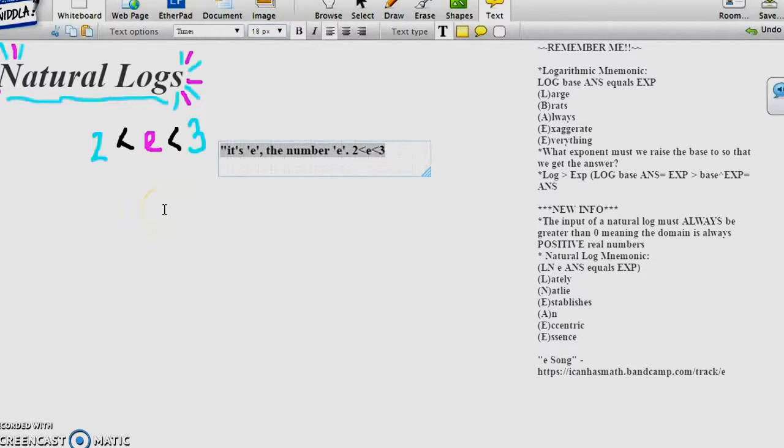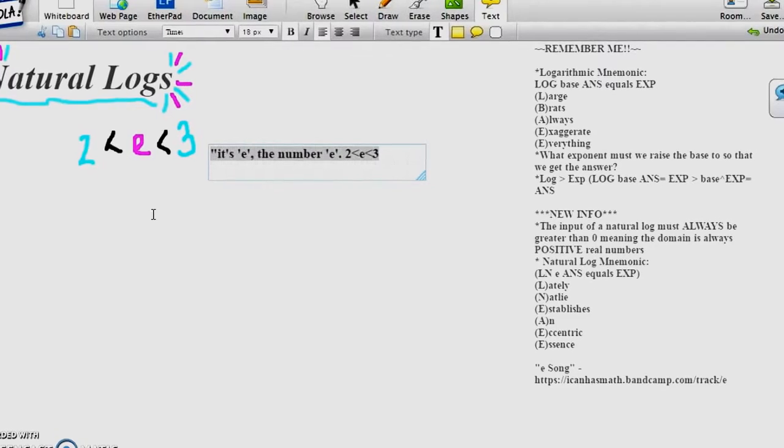Since most natural logs do require a calculator due to the fact that e is irrational and not fully determined yet, we'll be using a calculator for this tutorial on solving natural logs. The time where a calculator is not necessary is usually during conceptual questions, so let's get into it.